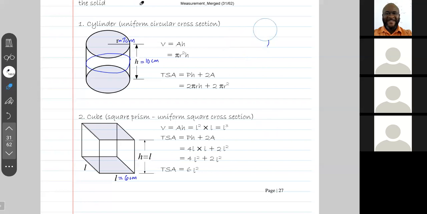All right. Now, for the cube, what will be the shape at the top and the bottom of the cube? Anybody? A square. Very good. What would happen if I cut this cube in the middle?